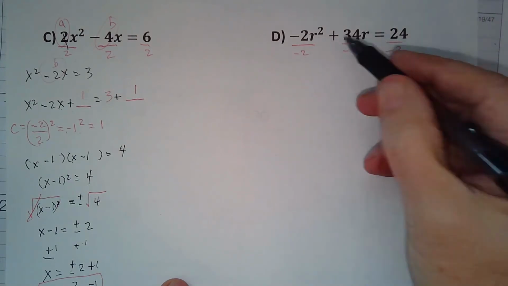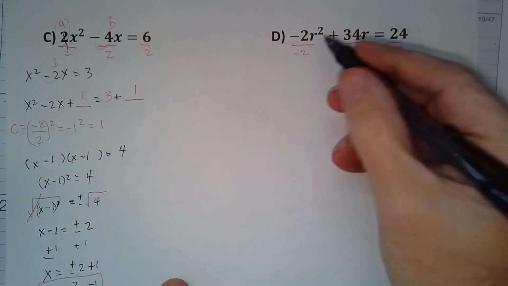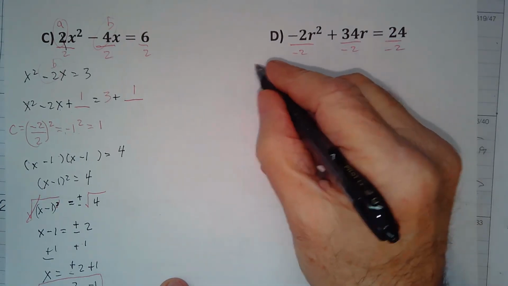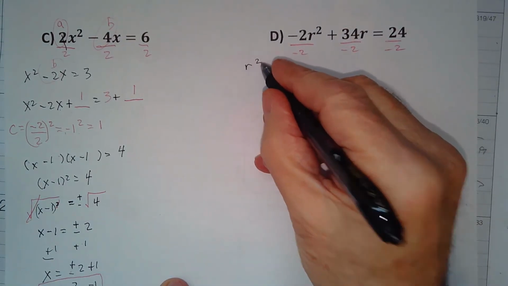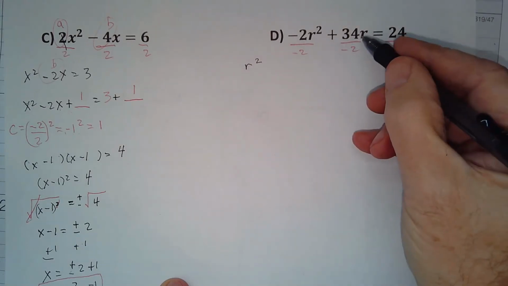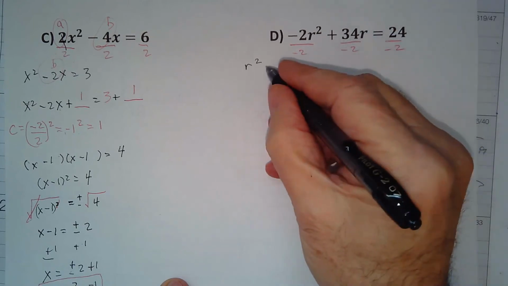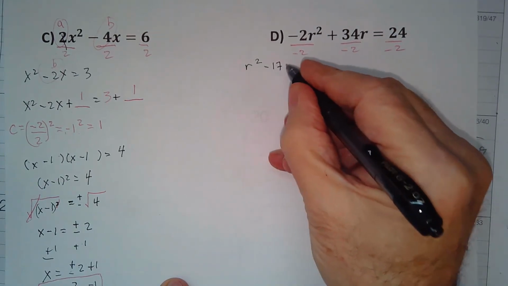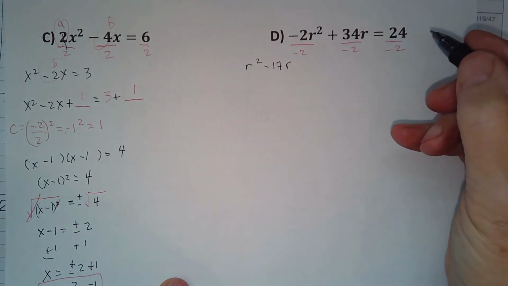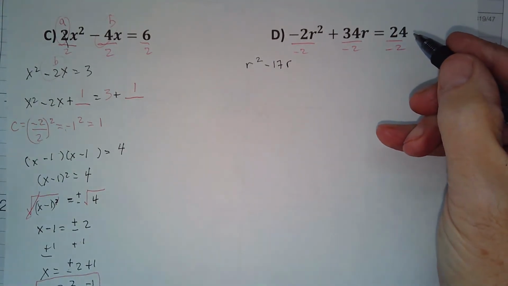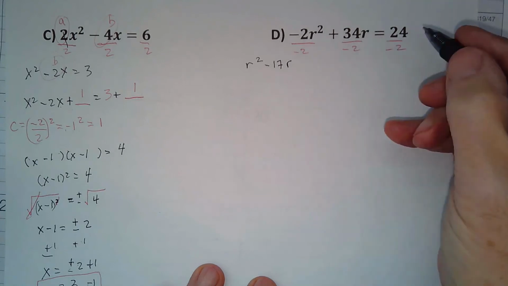So negative 2 divided by negative 2, so that's going to be 1r squared. So we're going to write this as r squared. Put this over here, r squared. And then let's see, 34 divided by negative 2, that's going to be a negative number, negative 17. Negative 17r. And then we're going to leave a space.